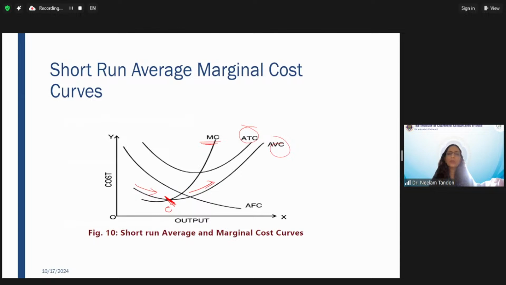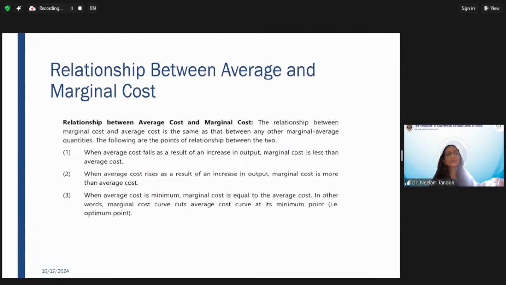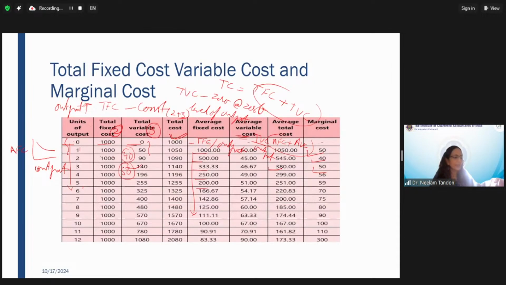What is the relationship between average fixed cost, marginal cost and average total cost? In the short term, what is the concept of marginal cost? Why is the marginal cost curve U-shaped? What is the relationship between marginal and average cost? And this table is a summary of what we have discussed, the relationship between all the cost components in the short term.